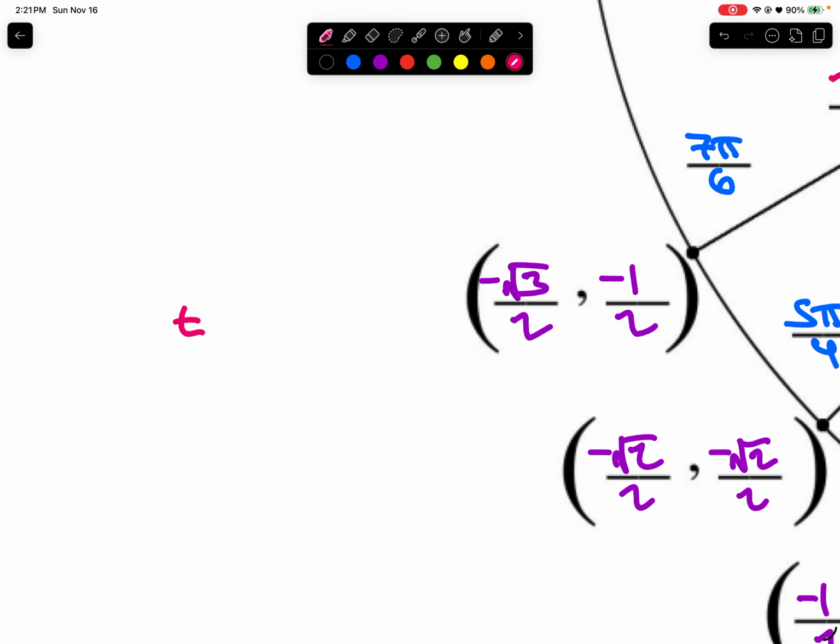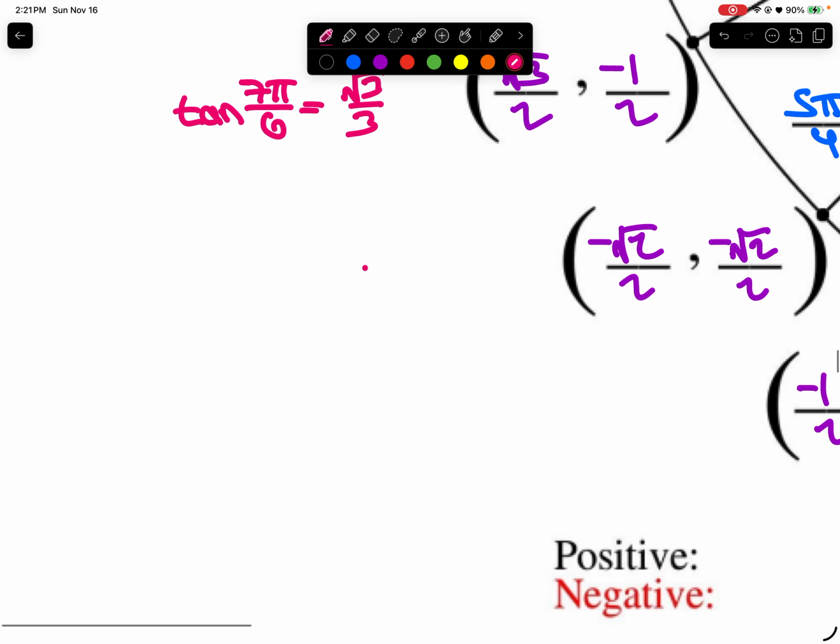Okay, and then down here, now tangent of 7 pi over 6. Now keep in mind, now we have a negative over a negative, so it's going to be a positive. So this is going to be positive root 3 over 3 when I simplify. So then tangent of 5 pi over 4, this is going to be positive 1.